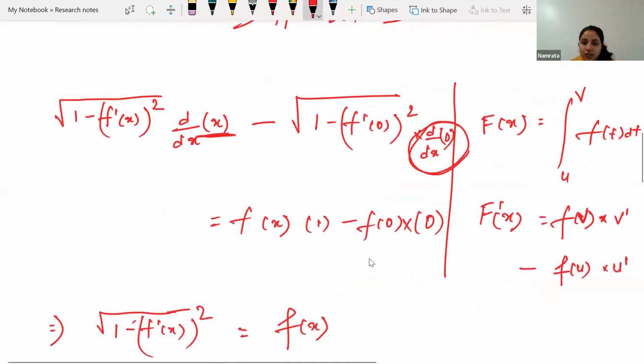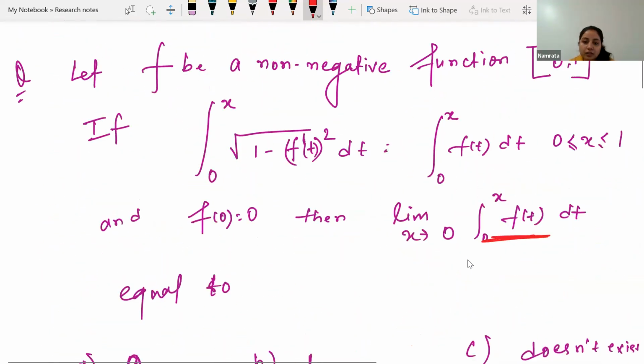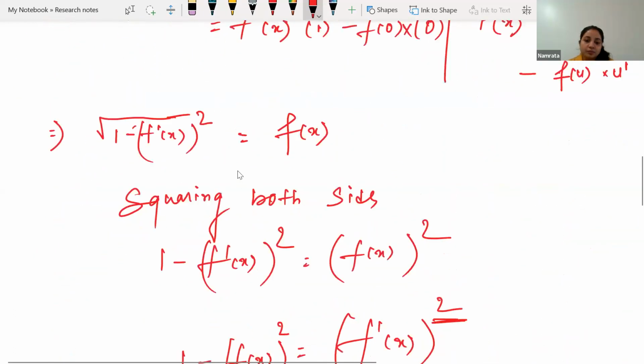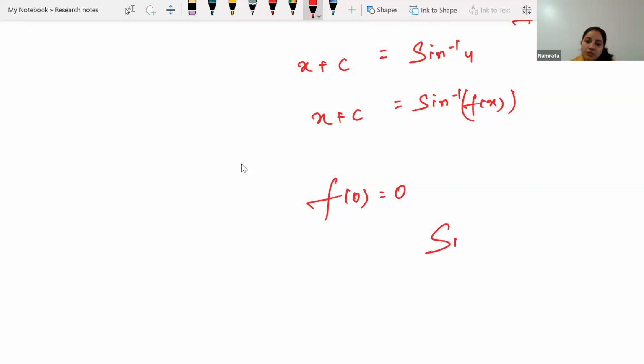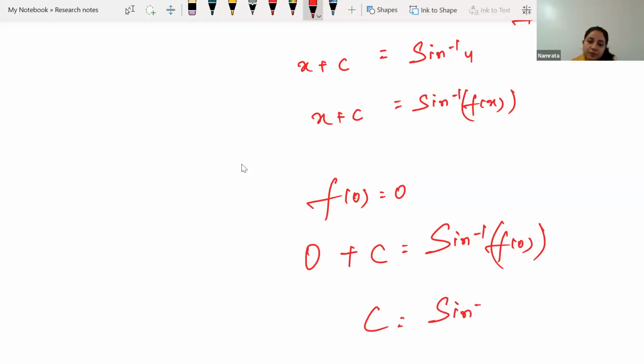Still we have to find c so that we can go ahead and find this limit. So it is given that f of 0 is equal to 0. That means when x is 0, then y is 0. So here we substitute sine inverse f of 0, which is 0 eventually. When x is 0, c is equal to sine inverse 0.